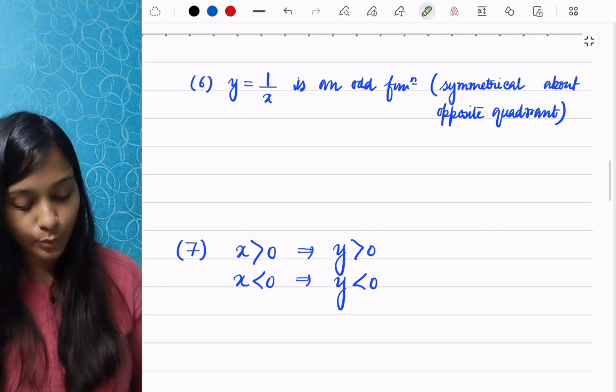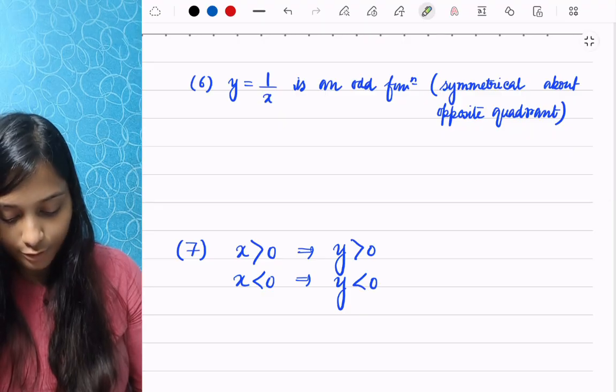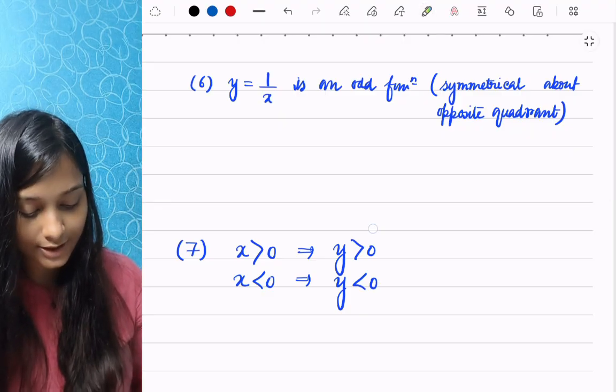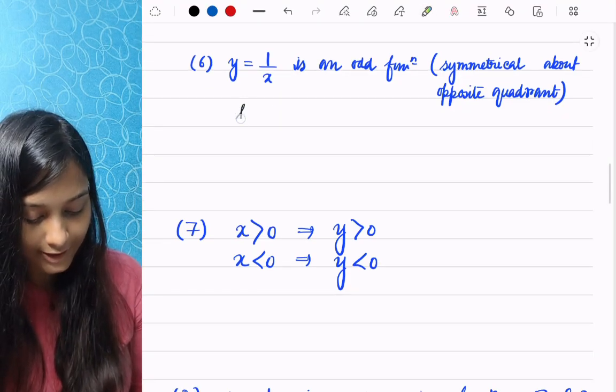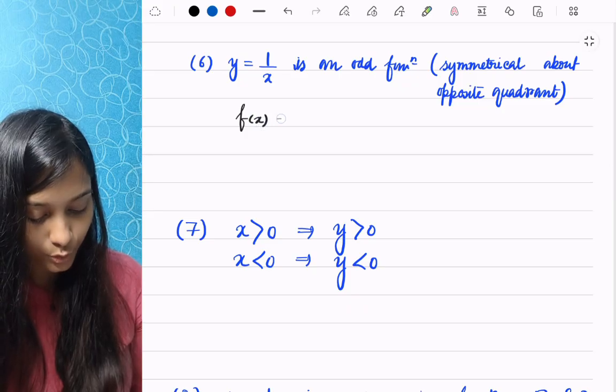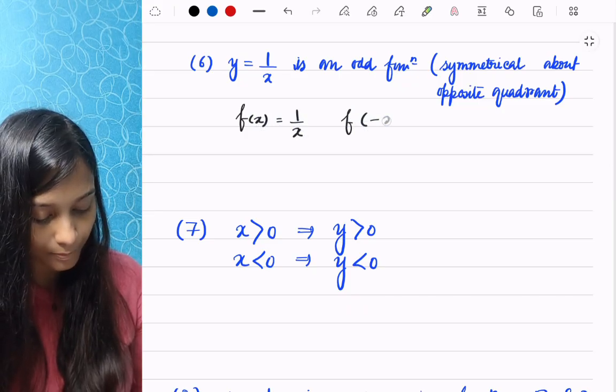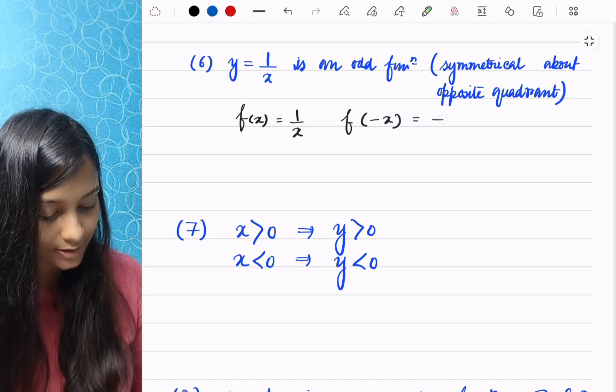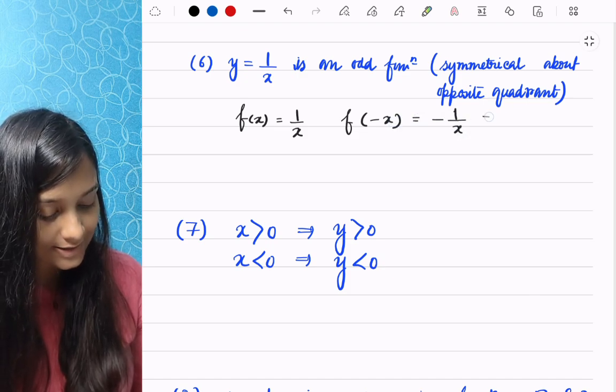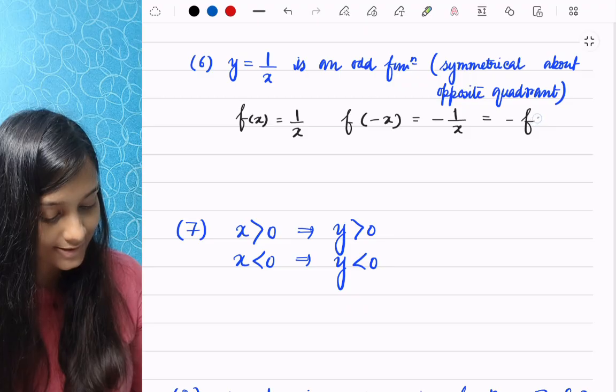Now y equals 1 by x is an odd function. So from here we can see that if we take f(x) equals 1 by x and we take f of minus x, we get minus 1 by x, and this is obviously equal to minus f(x).